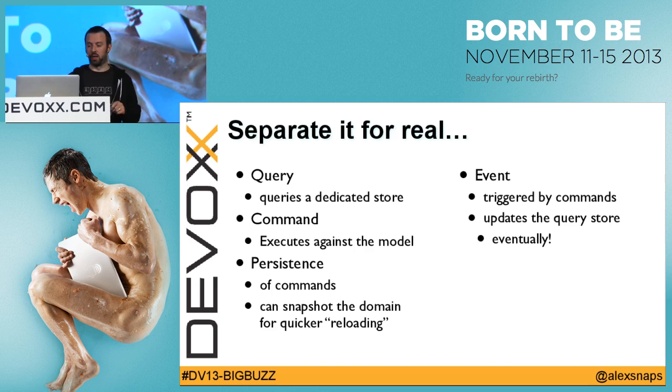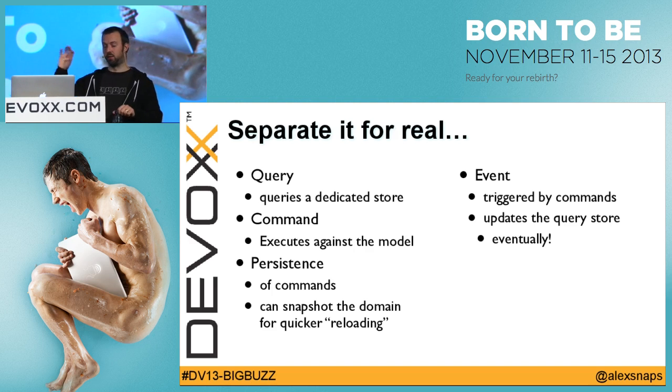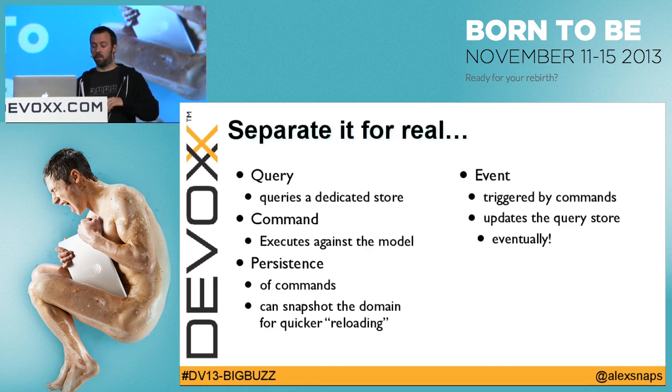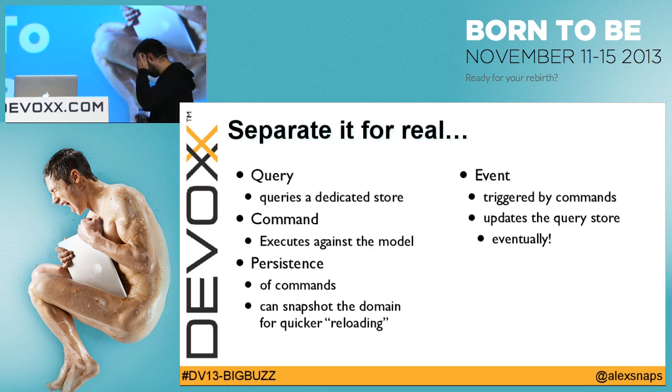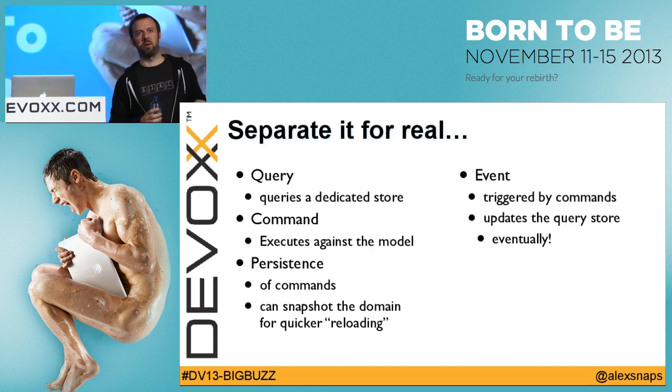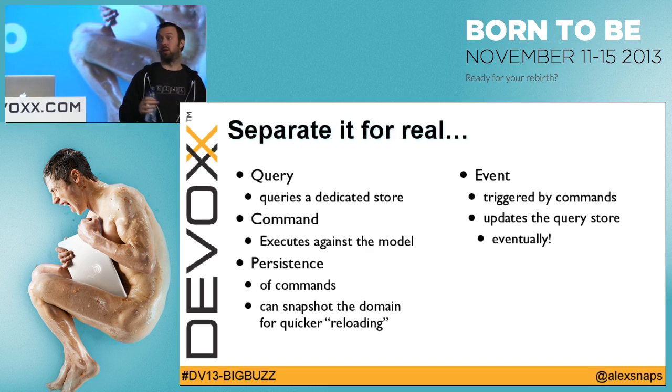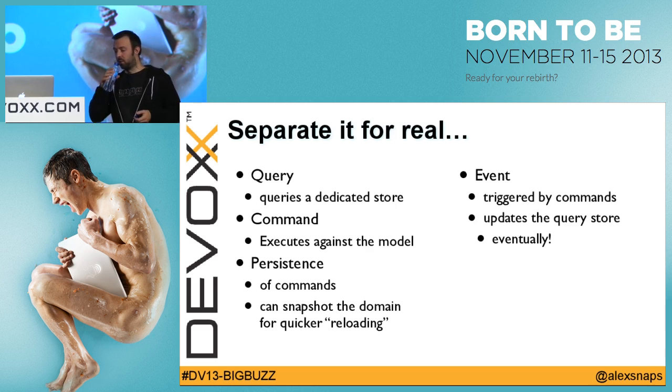I don't know, like RDA stuff. And on the other end, we want to have our commands that execute against the domain model for real. And one thing the whole CQRS approach advocates is persisting commands. Persisting commands is useful if you want the whole history of your system, right?